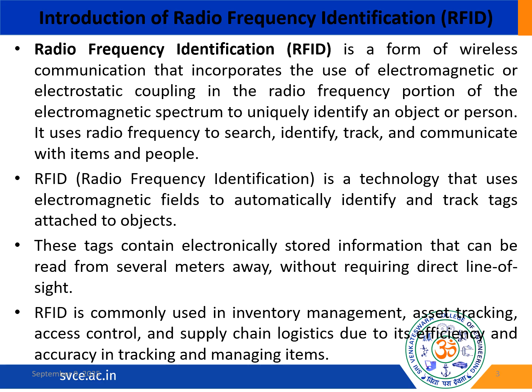This is often read outside the line of sight, by either passive or active RFID. These tags contain electronically stored information that can be read from several meters away. You will be using RFID commonly in inventory management, asset tracking, access control, supply chain logistics, and so on.